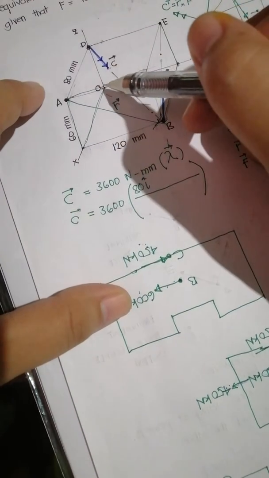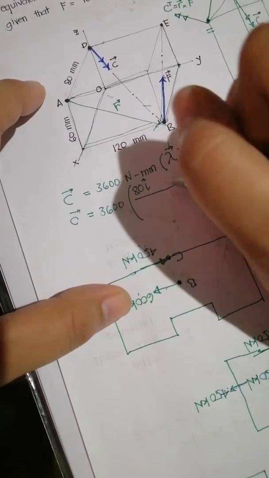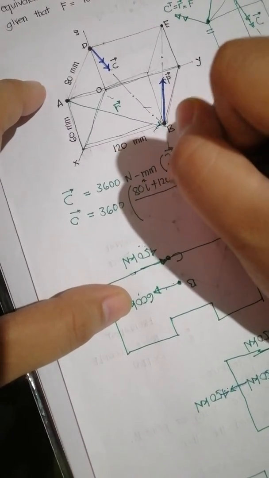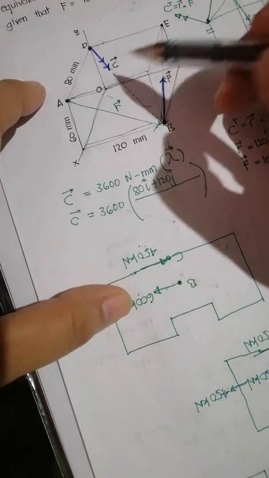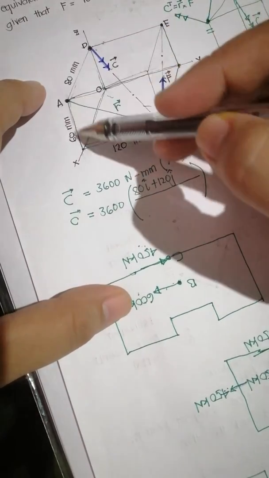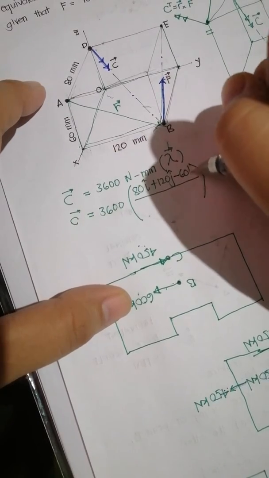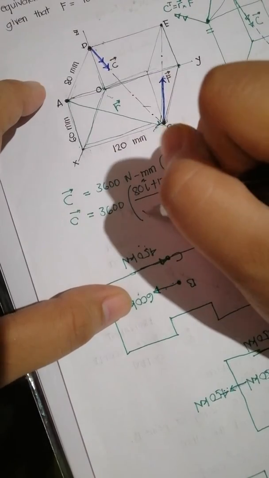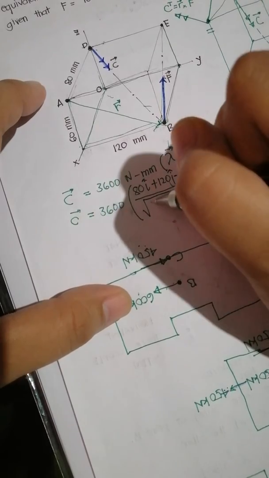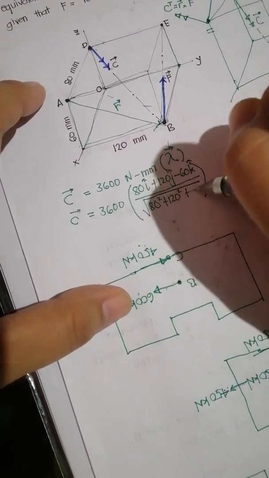For j hat, from this distance, which is 120, so it's also positive 120 j hat. And then for k hat, we have the downward distance, this one, which is 60. Since it's downward, we have negative 60 k hat over its magnitude, 80 squared plus 120 squared plus 60 squared.